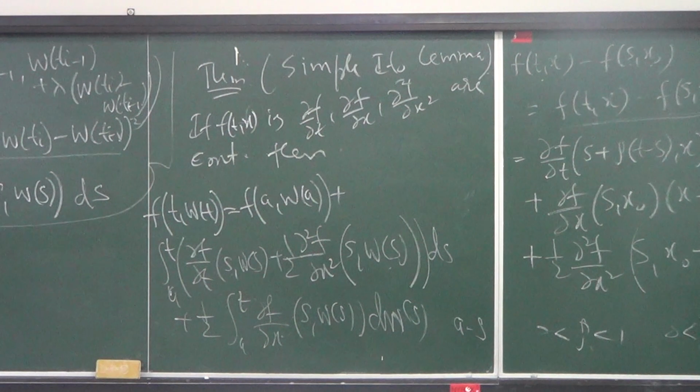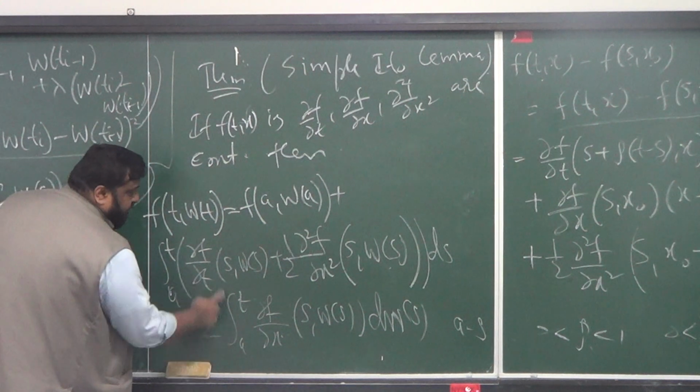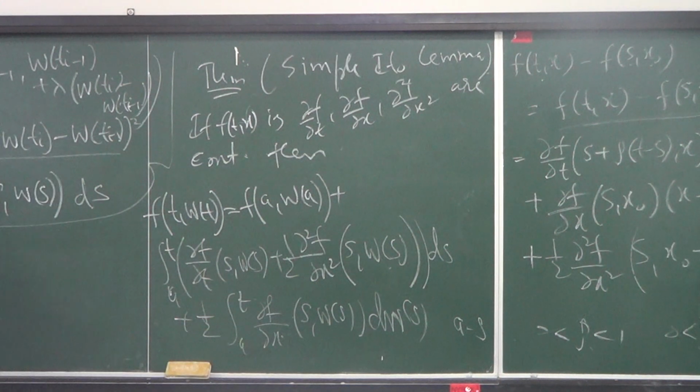Is it making sense? A little bit. What would be the differential form of it actually? It's a lot of pain to write all this stuff, so we're going to write a differential form of it.